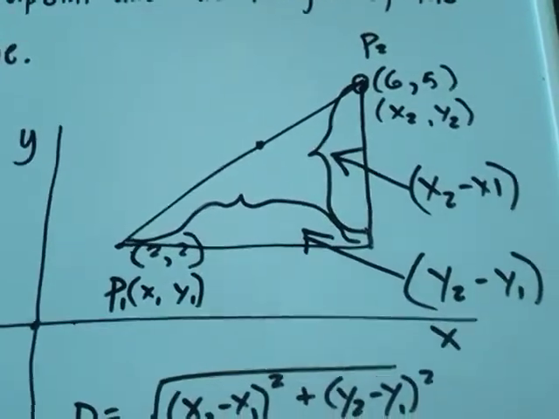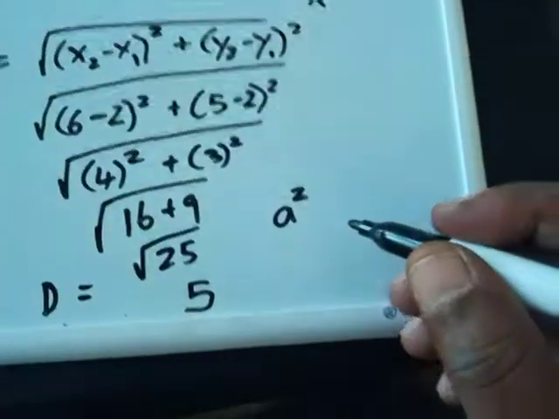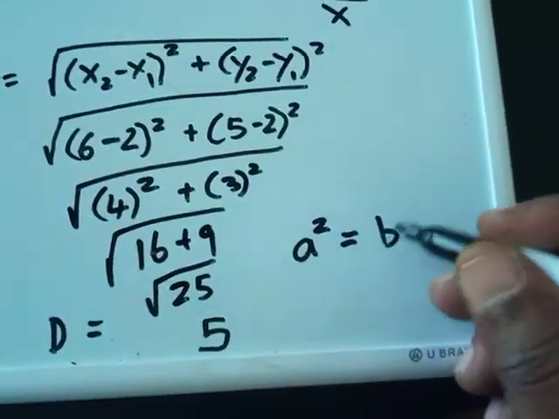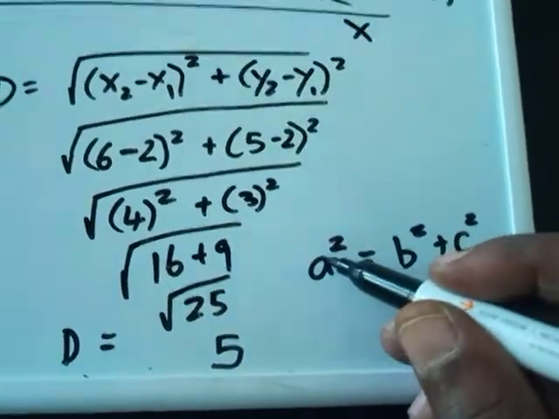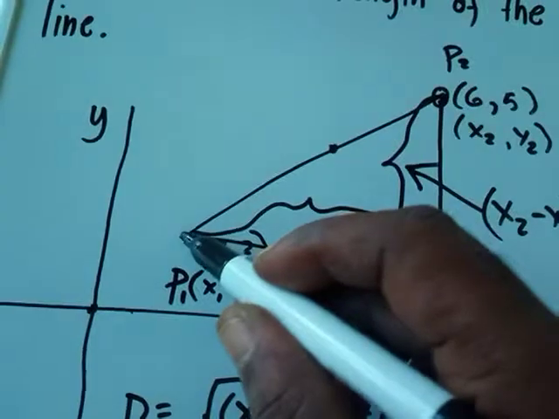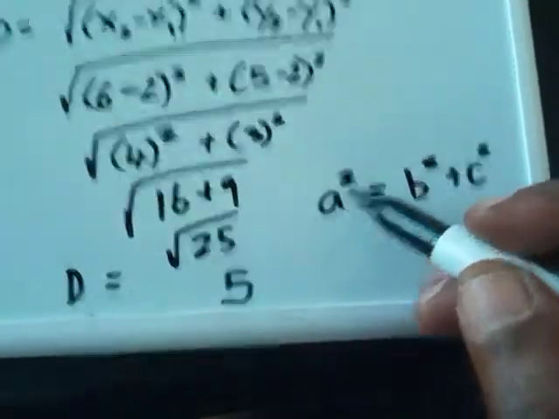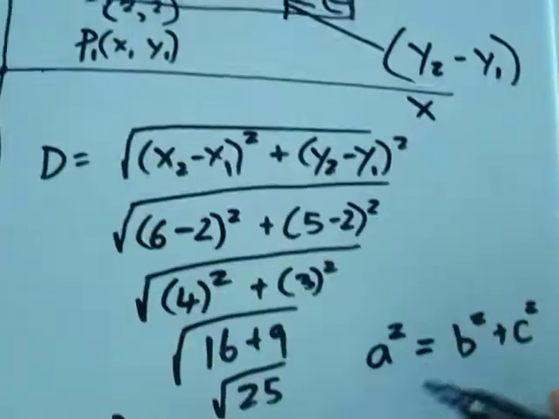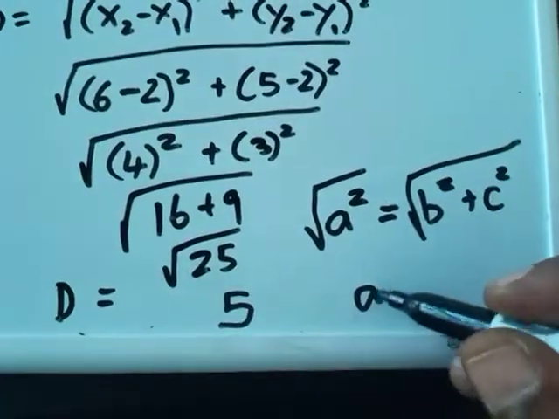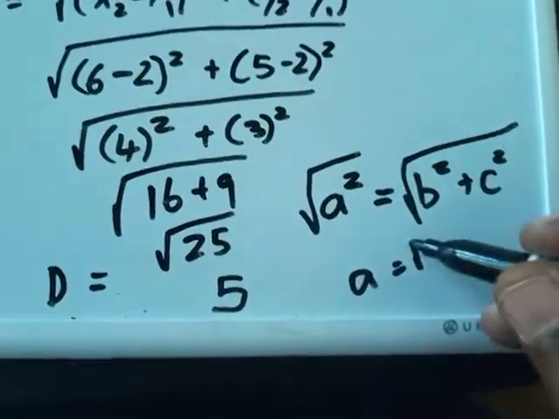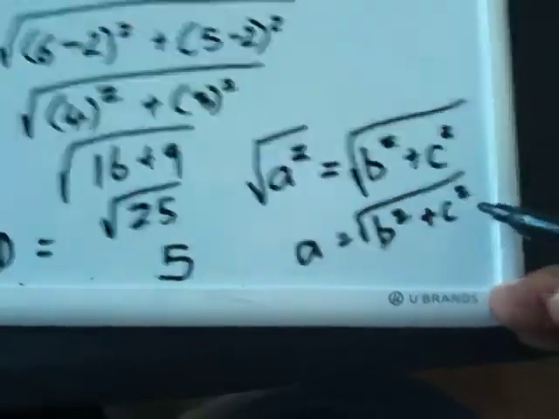This is a rewrite of the Pythagorean theorem of a squared equals b squared plus c squared, where a is the hypotenuse, the distance. So we take the square root of both sides, and we say that a, the distance, is equal to the square root of b squared plus c squared.